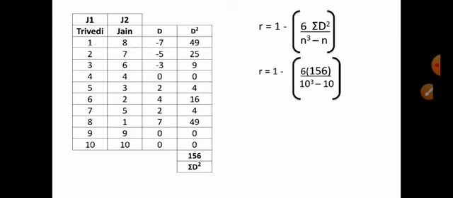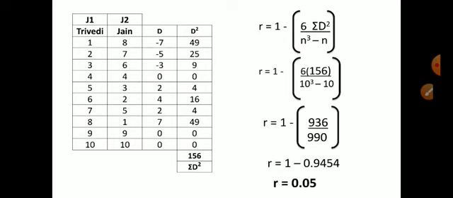We have to multiply 6 into 156, and 10 cube is 1000 minus 10 we have to calculate, that is 6 into 156 will be 934 divided by 1000 minus 10 is 990. If we divide it, we'll be getting 1 minus 0.9454.